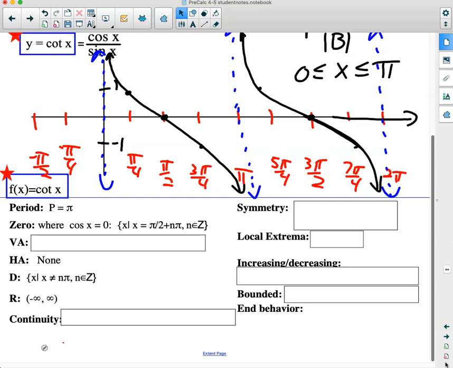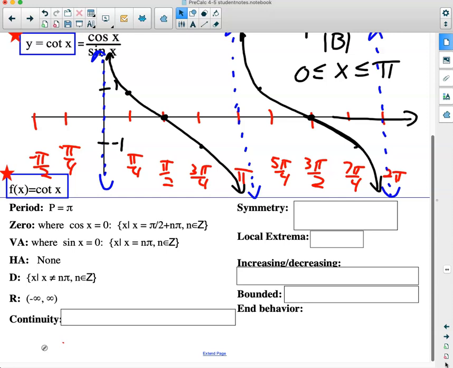So now since we're turning tangent upside down, our vertical asymptotes will be where we had the zeros for tangent. So where the sine of x equals 0. Set of all x such that x equals n pi, where n is the set of all integers. So our asymptotes at 0, 1 pi, 2 pi, 3 pi, 4 pi, and into the negatives.